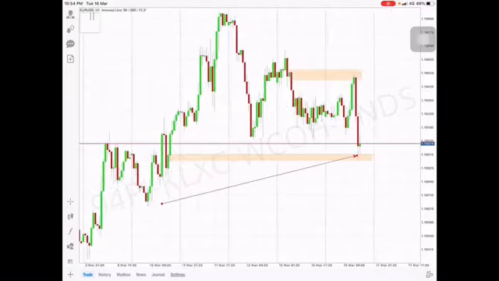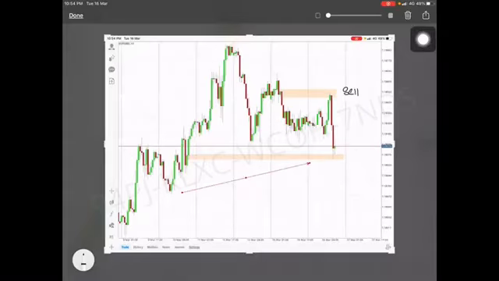So this is a sell and this is a buy zone. When it reached here, we TP. We exit our position because this is a buy zone. Is it clear to you? Do you understand that? Yes.